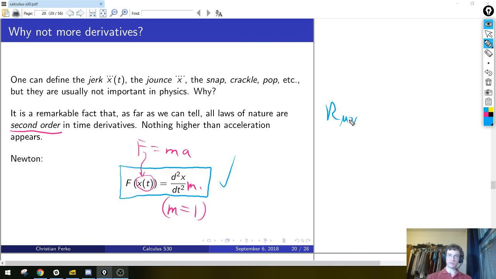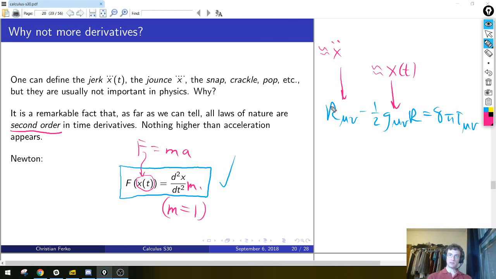So Einstein's equation is R mu nu minus a half g mu nu R is 8 pi T mu nu. It doesn't really matter what these objects are, but all you need to know is g mu nu is kind of like the function. This is analogous to the thing x of t. And the two things that involve R are approximately second derivatives.